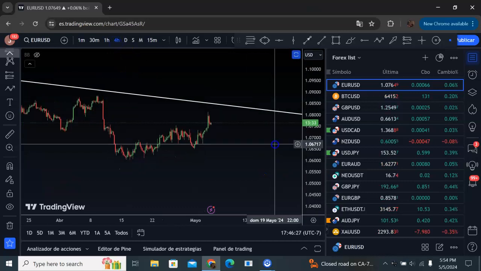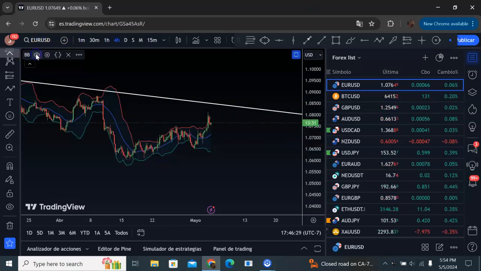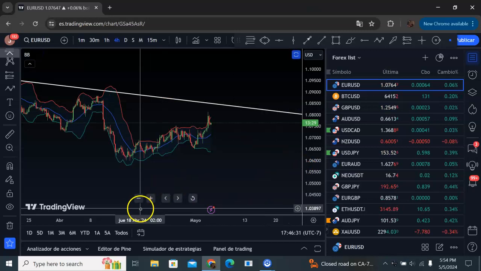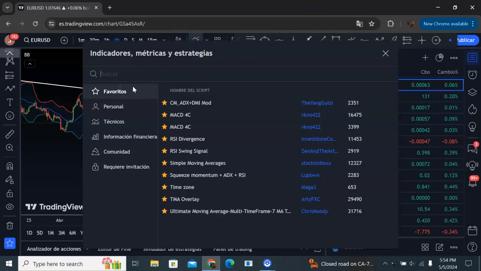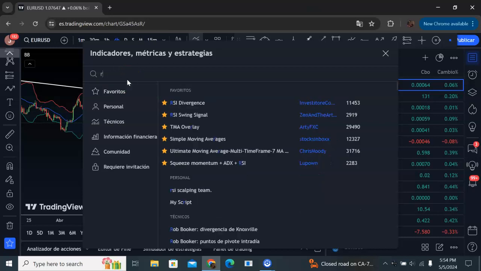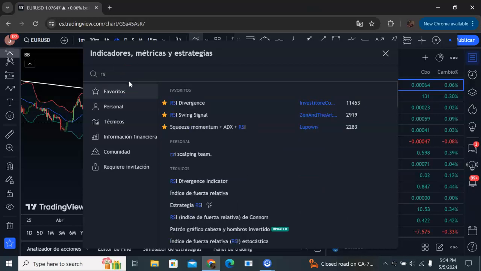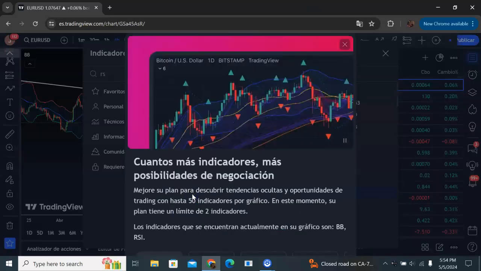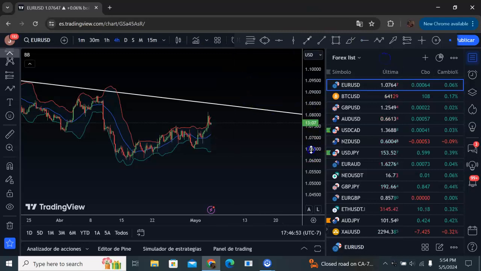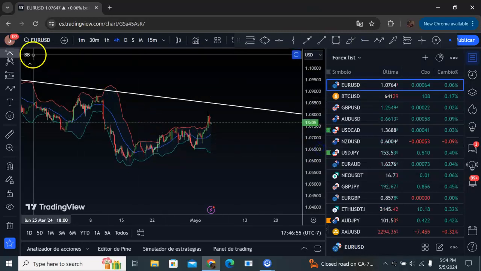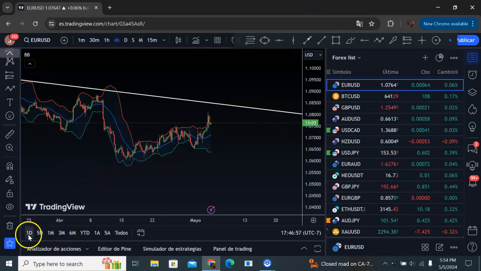I would then put my Bollinger Bands, and oh wow, I'm missing my RSI. Let me get the RSI here. One second. There it goes. I just have one indicator now.